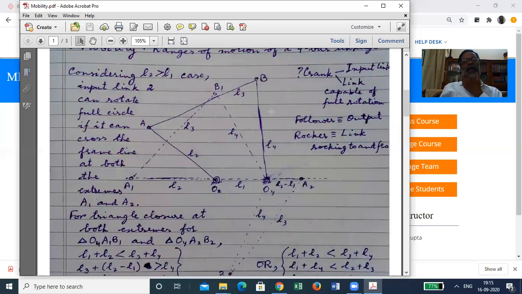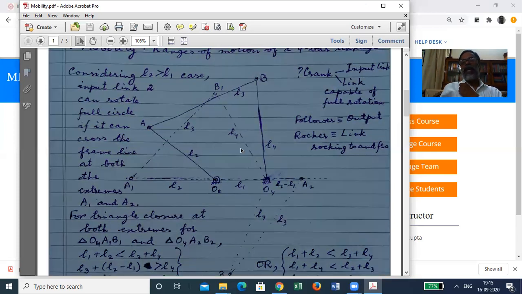However, interestingly, it is possible that with link 3 fixed, this link can spin completely, as the textbook's extension will show you. But that is not of great significance, that is not of great utility.